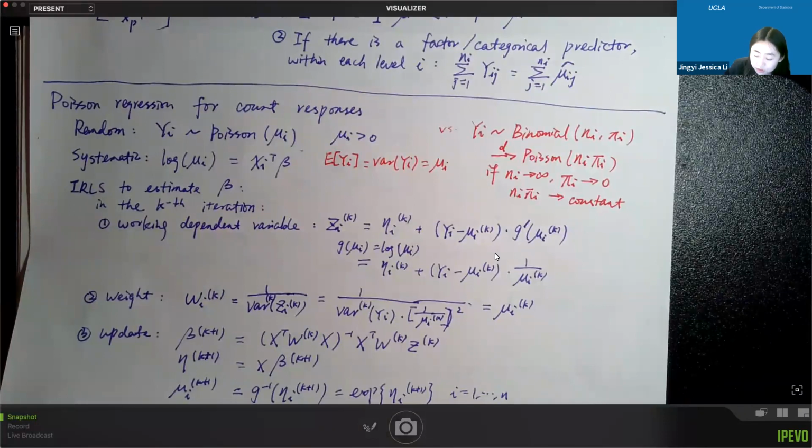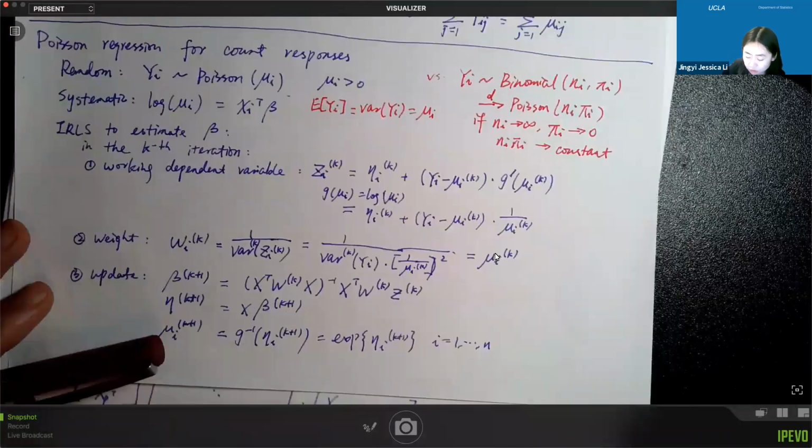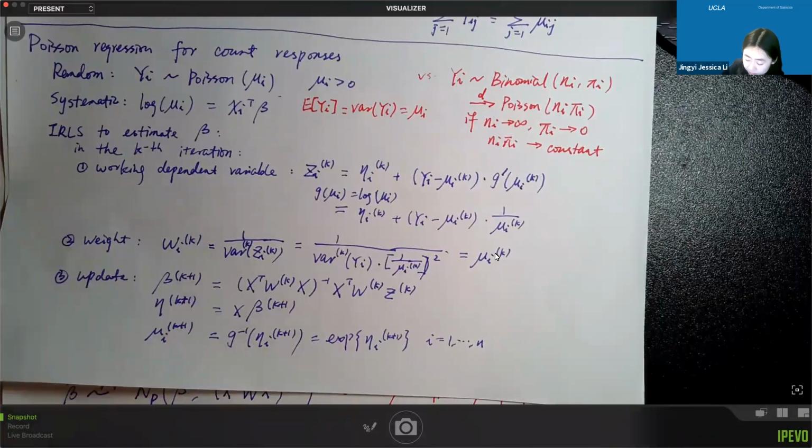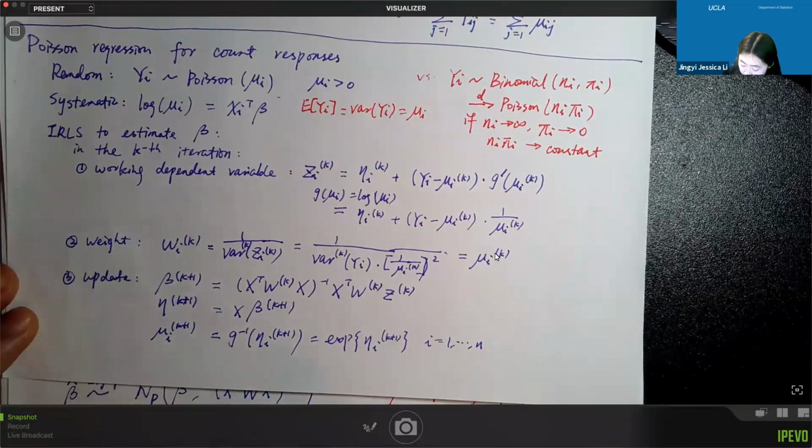So when this assumption is clearly violated, when you fit the Poisson GLM to your data, the goodness of fit may be bad. Okay, so that's why the goodness of fit is very important to check how the Poisson GLM fits the data.